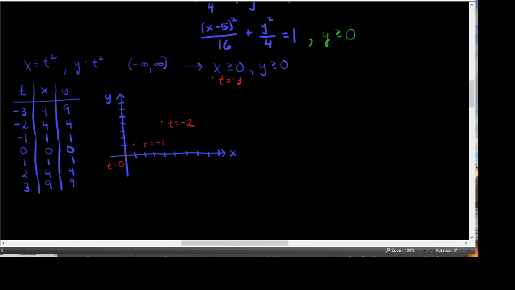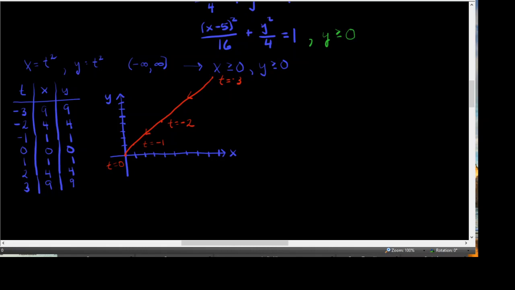Since x and y are the same value, you may know that that implies that we're going to have that line y equals x. So we can see that taking shape. So I'm going to draw the line, and it's moving this direction until we get to there. So we're moving this way along the curve.